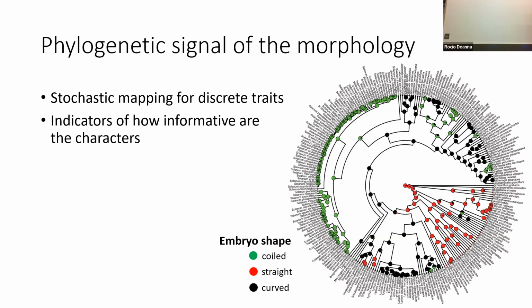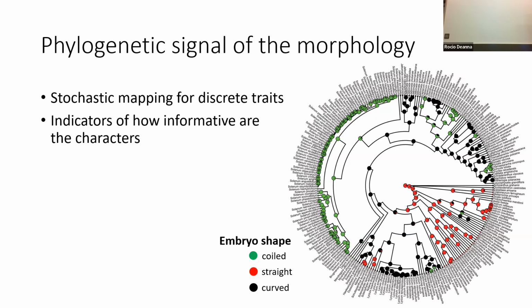For example, here, this is of course a tomato family, a part of it. And you can see here the embryo shape and how there is phylogenetic signal mostly. Some clades have this coiled embryo, as well as some others have this straight embryo. So that could be informative in multiple ways.